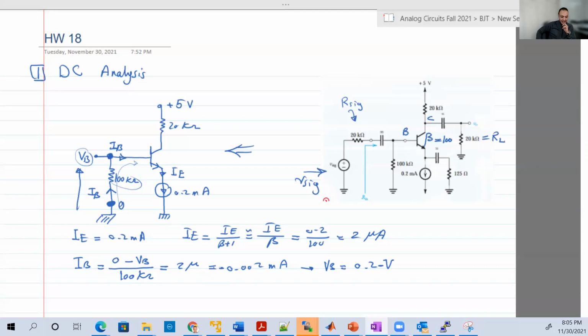Since we are in active region, IB must be positive, and IB is positive here. VB doesn't matter; it can be negative, whatever. But at the end, IB is positive and IE is positive, and of course IC will be positive because IC is approximately equal to IE, so it's also 0.2 milliampere.